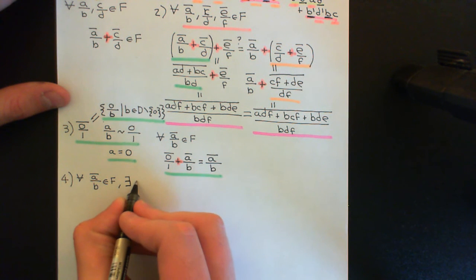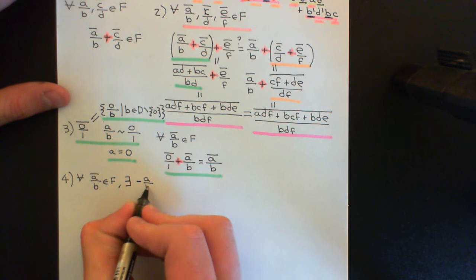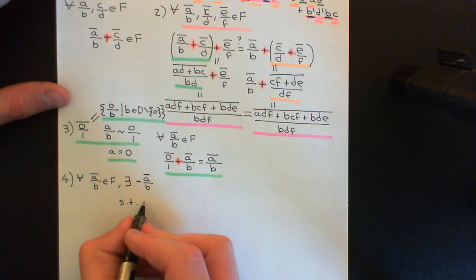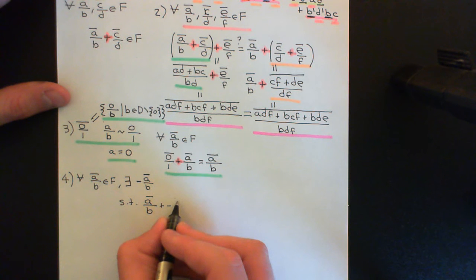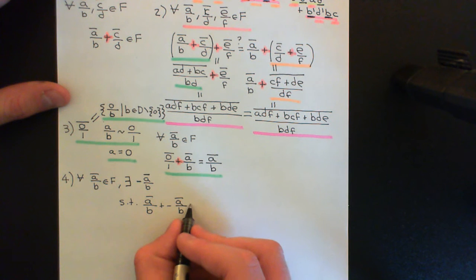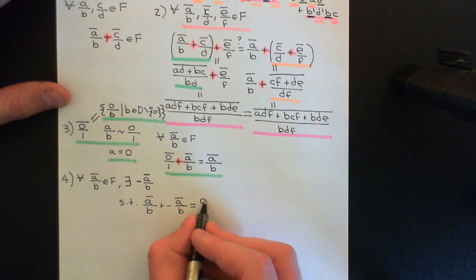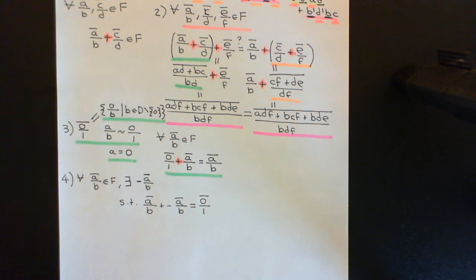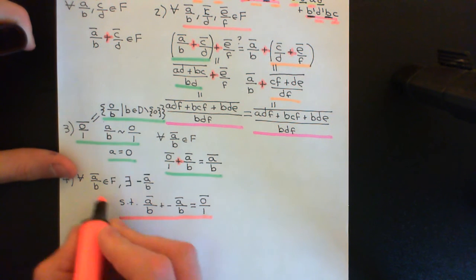So I want to prove that there exists what I'll call negative a over b bar, the additive inverse of this equivalence class here, such that the two add together to give the additive identity, so such that a over b bar plus the additive inverse of a over b bar, and I'll stress this is just a symbol for the additive inverse of this element here, will give me the additive identity 0 over 1 bar. Okay, so this is what I want to prove.